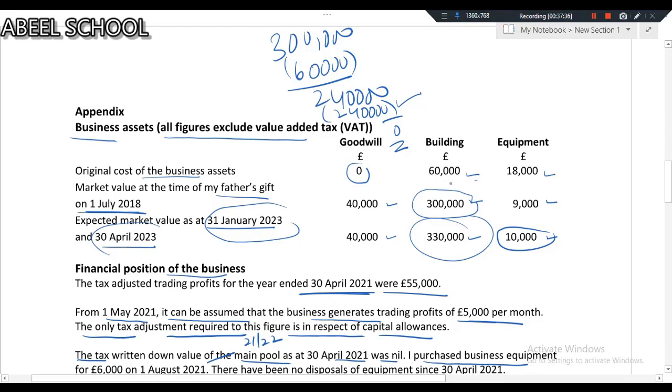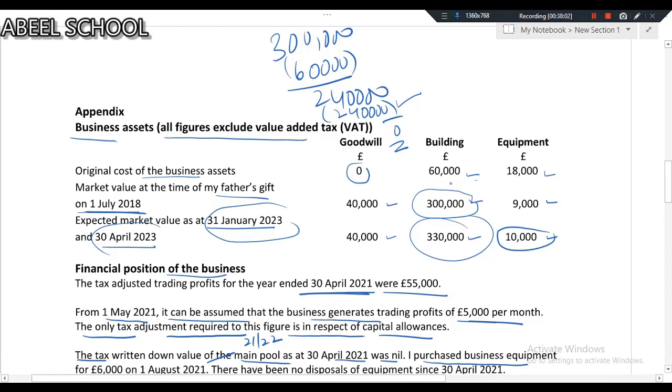From 300,000, if we deduct 60, it means that at the time of gift, that building resulted in a capital gain of 2,40,000 due to gift relief, which is written in the question. Obviously, no tax was paid, so entire 240 was taken as gift relief. And while calculating base cost for ZT, obviously we will deduct that gift relief from 300,000.